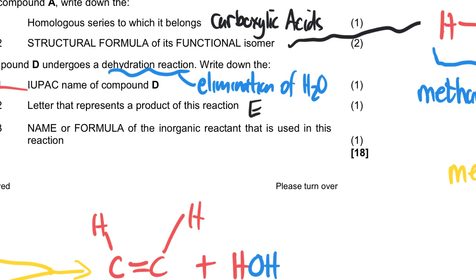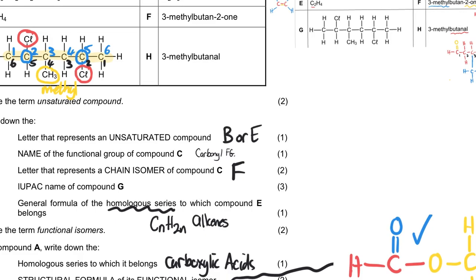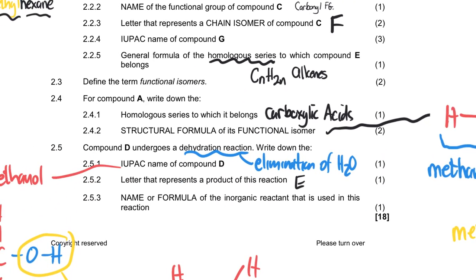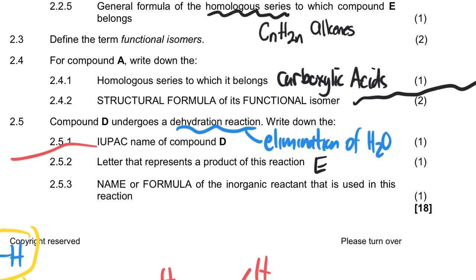This is for only 1 mark. There is normally a separate question on organic reactions, but every now and then they integrate an organic reaction question into question 2, which is predominantly focused on organic structure naming. The name or formula of the inorganic reactant that is used in this reaction.